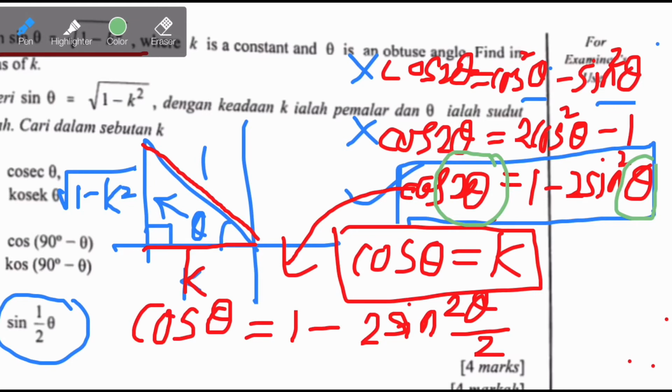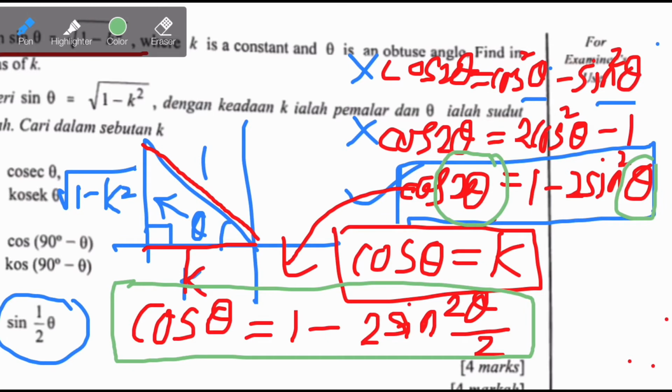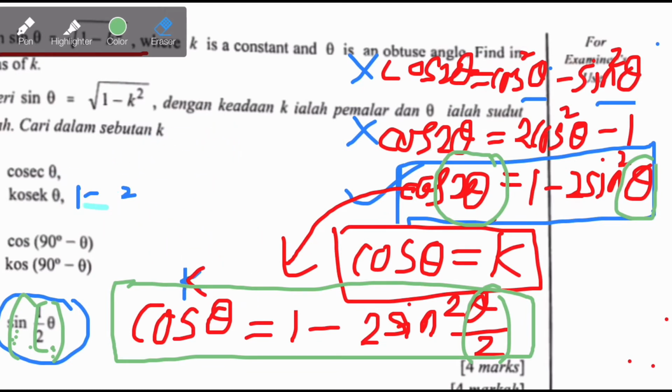Okay, so you notice that I circled the 2 theta. That means I'm going to divide the 2 theta by 2 so that I can change the cos 2 theta formula to cos theta. Since I divide by 2, the right hand side, the 2 sine square theta, the theta also has to be divided by 2.